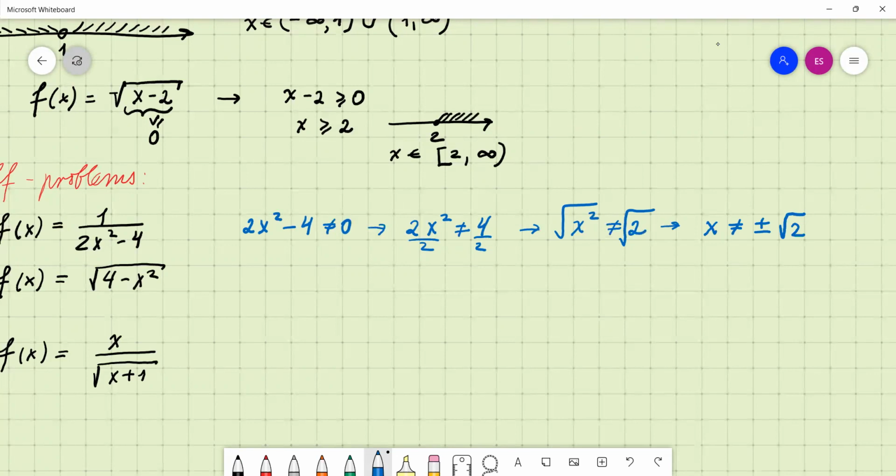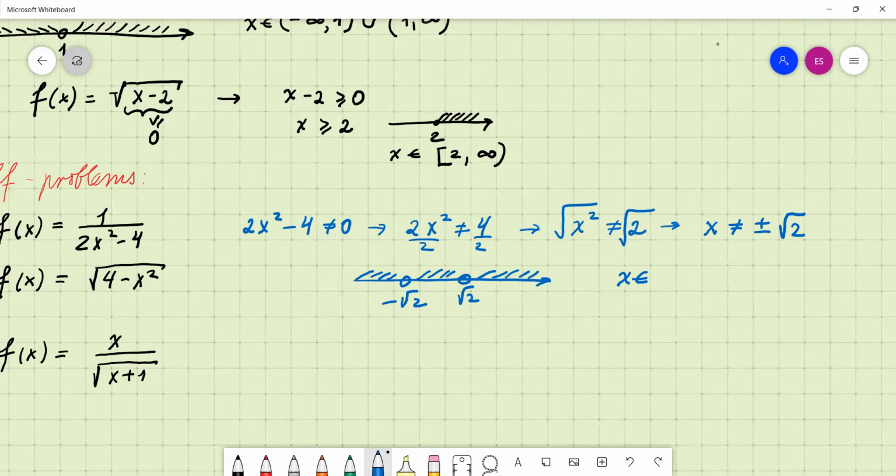How do we write down this domain? Well, you can just write down all real numbers except plus minus square root of 2, or you can write it down like this. Maybe I should draw a number line before. This is my negative square root of 2. This is my positive square root of 2. So I can use all numbers here, and all numbers here.